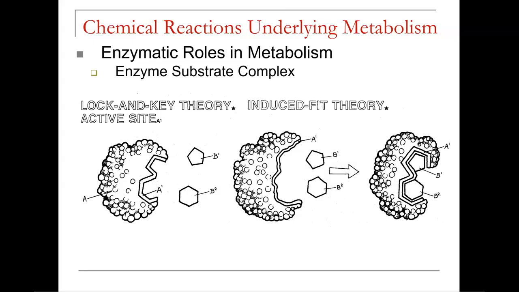So one of them is a rigid structure, has to fit perfectly. The induced fit is where it's going to be able to come in and mold perfectly to those substrates. So what you see there, A is going to be your active site, or that A1, and then B and B1, B2, those are your substrates that are coming in. So those are the things that need to be able to fit into that enzyme's active site.